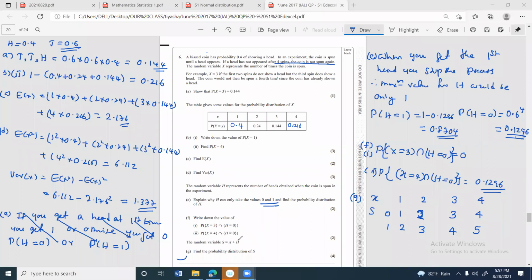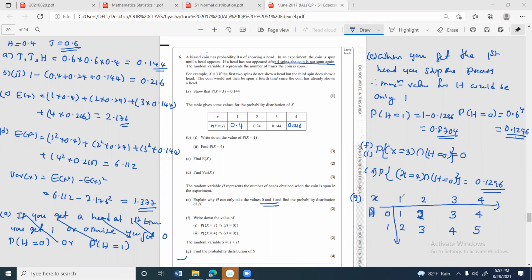Then we know that they have given the random variable s equals x plus h, right? The possible elements of x are 1, 2, 3, and 4. The possible elements for h are 0 and 1. Therefore, these are the possible values for x plus h.